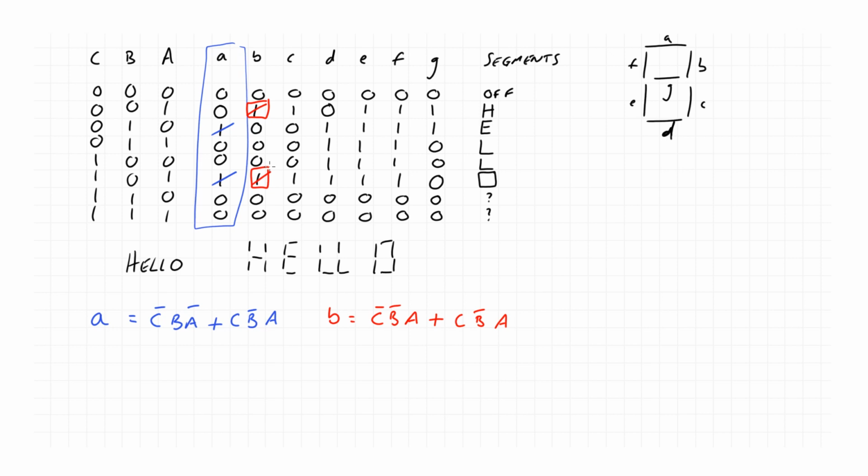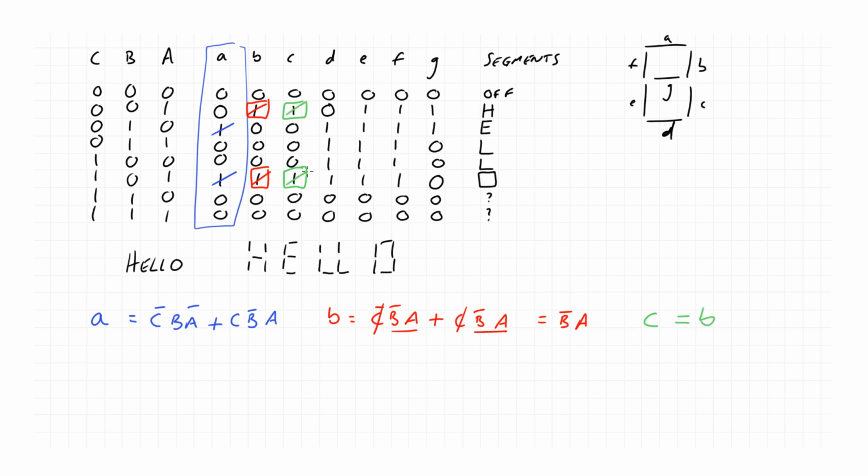They both have not B and A, but then the C or not C is irrelevant through the complement law, because the value of C obviously has no effect if both of those terms are true. So segment B is equal to not B and A. Segment C is always the same as segment B, so we can just wire up B and C together because C equals B.